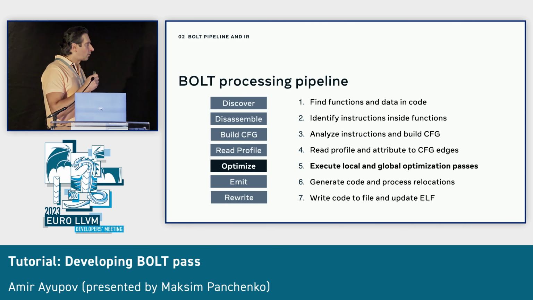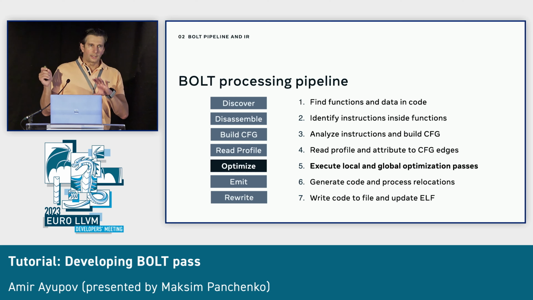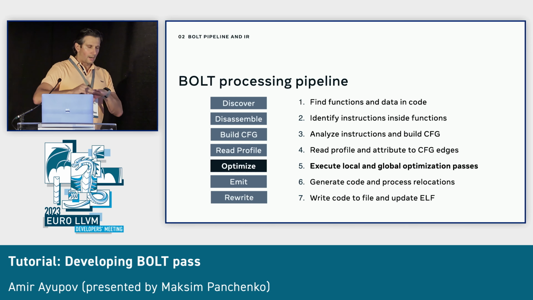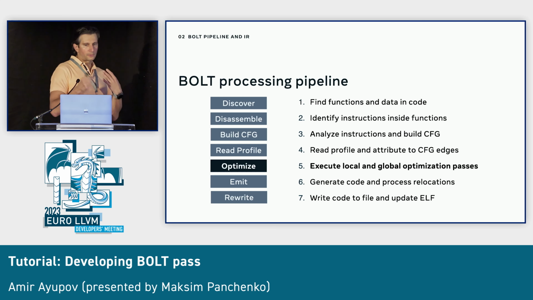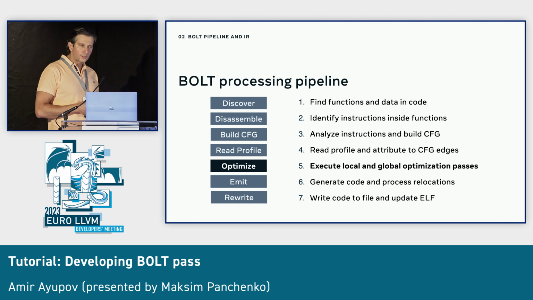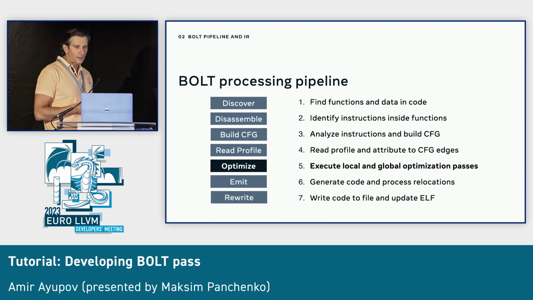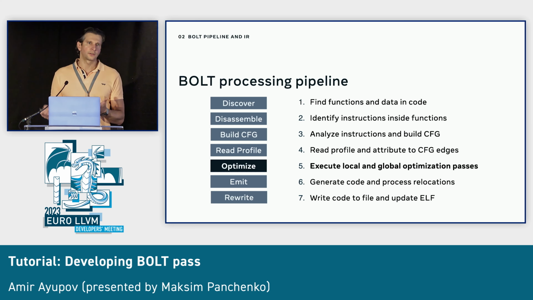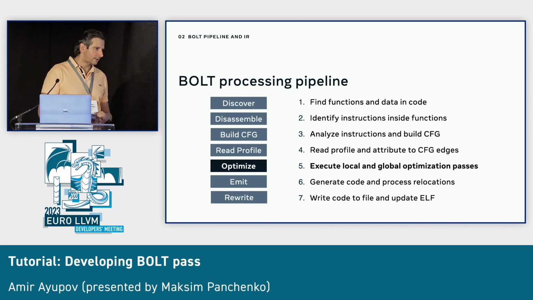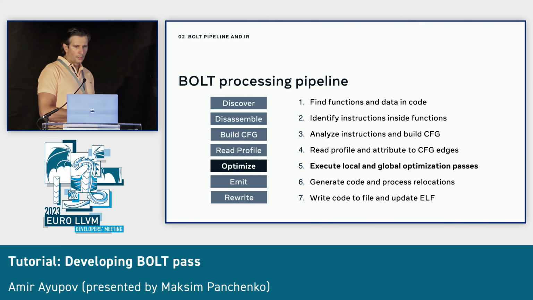What BOLT does internally is that it has several passes in its pipeline. Before we get to optimization, we obviously have to discover functions in the binary and discover data objects. And we have to disassemble these functions, but disassembly is not something complex, like objdump can do it. After that, we have to build the CFG.